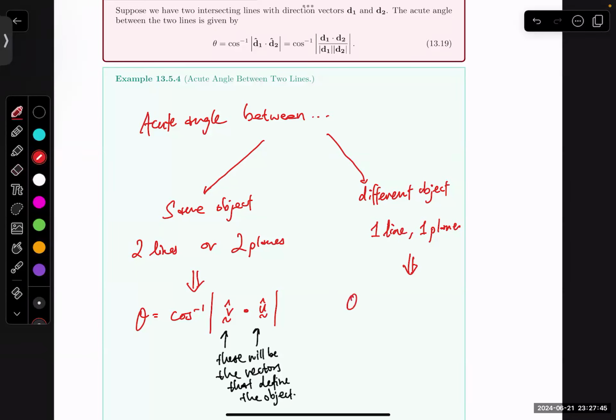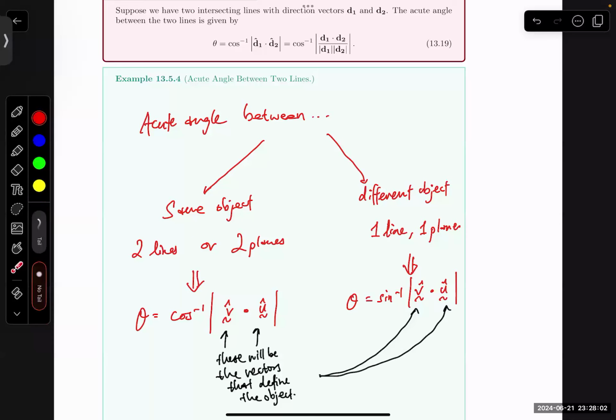Theta is equal to sine inverse of that thing. I'm just going to put V hat, U hat again. Again, these will be the vectors that define the object. So if they are different objects, then it will be one direction, one normal. Doesn't matter which way you dot them, it's the same.